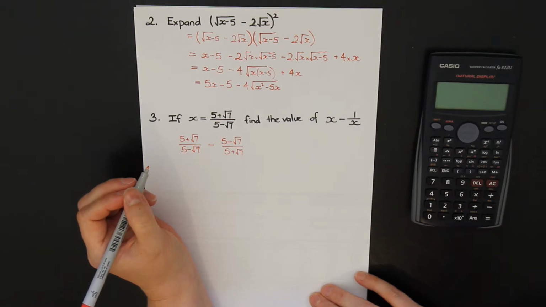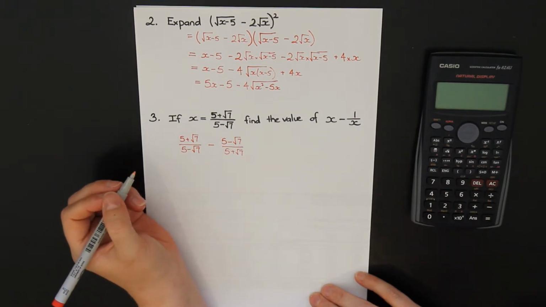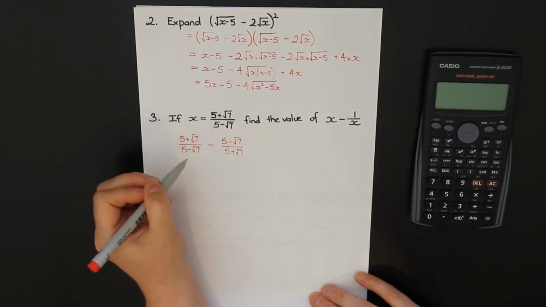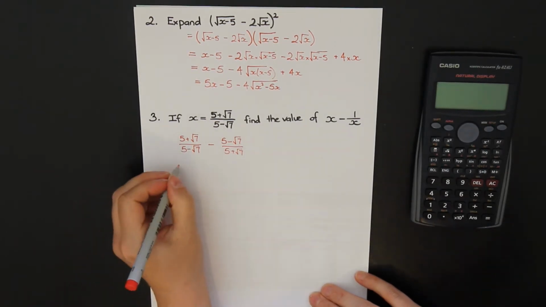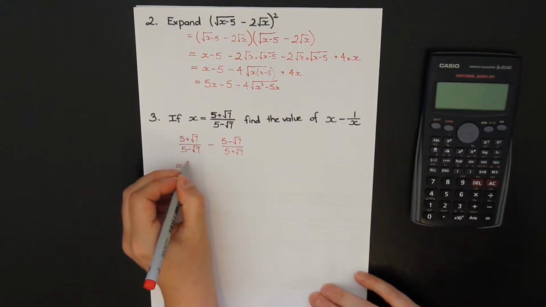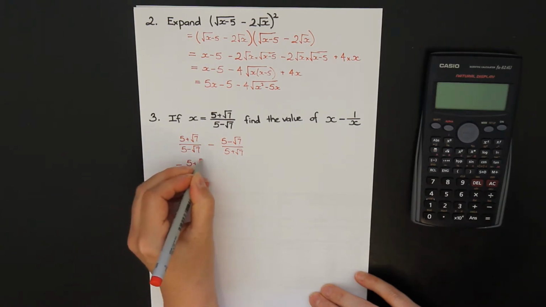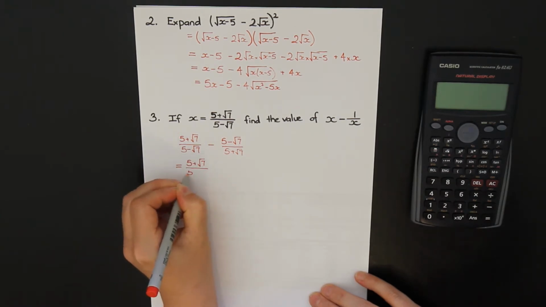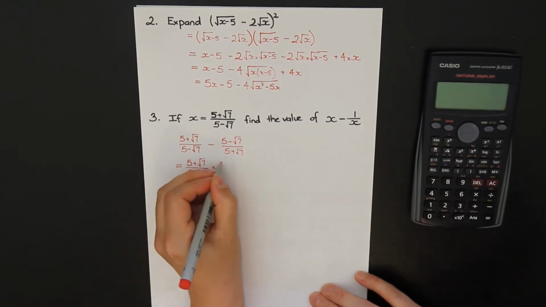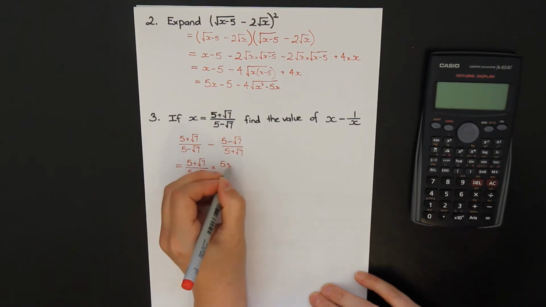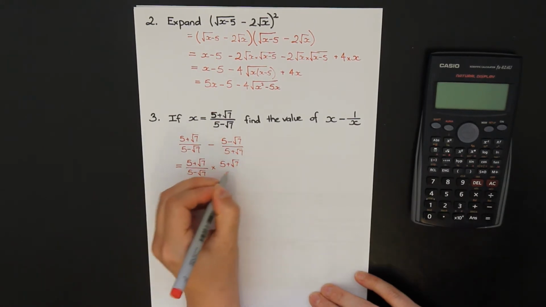So now I just want to tidy that up, and to do that we like to have a rational denominator. So I'm going to rationalize each of these separately. The first one, to rationalize it, I need to multiply by the conjugate, which is the same denominator but with the opposite sign, so we'll have a plus in between.